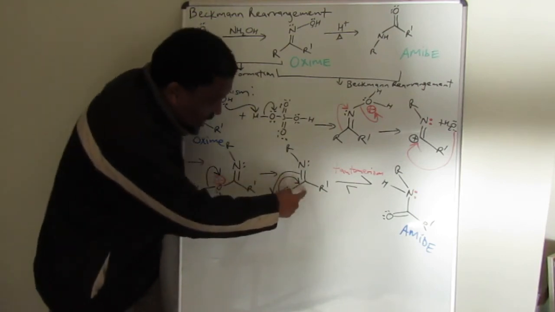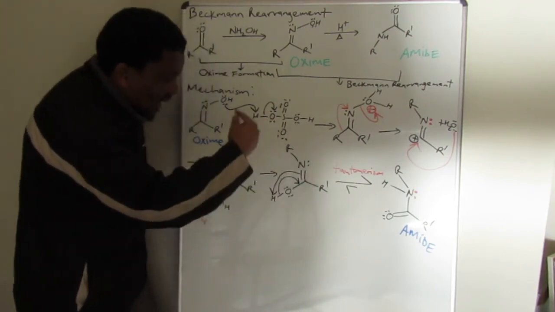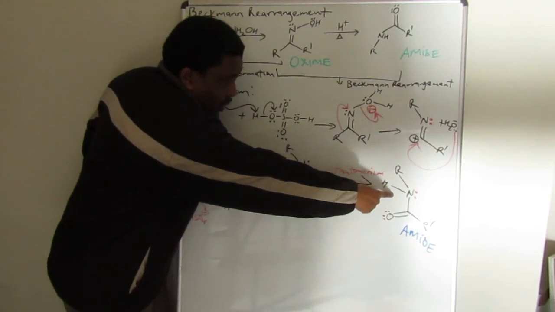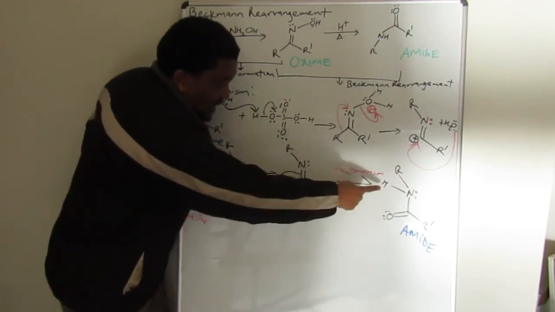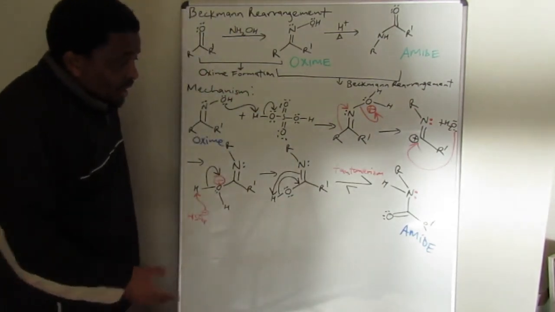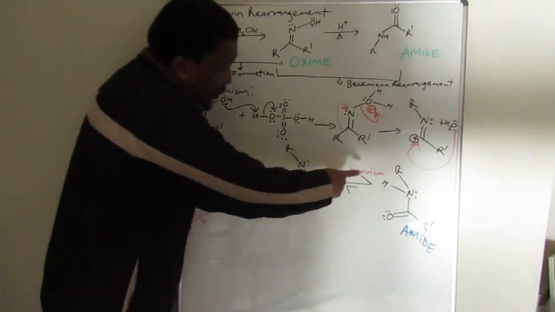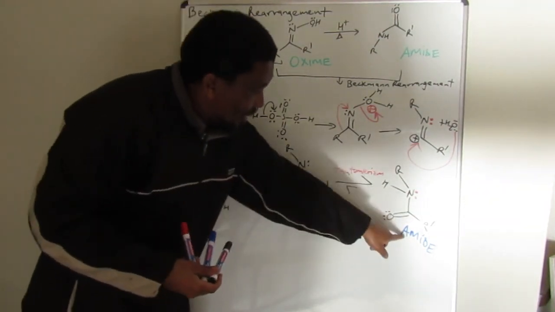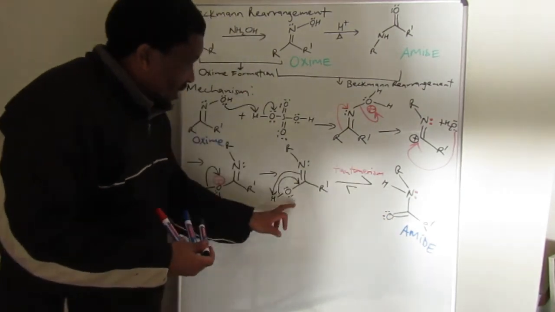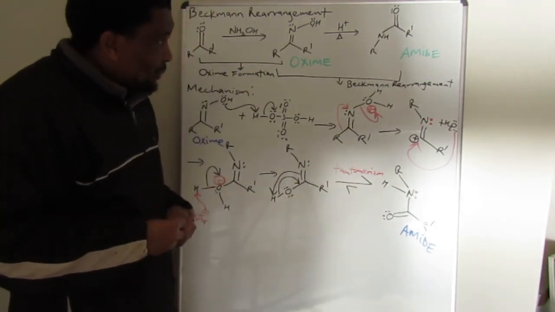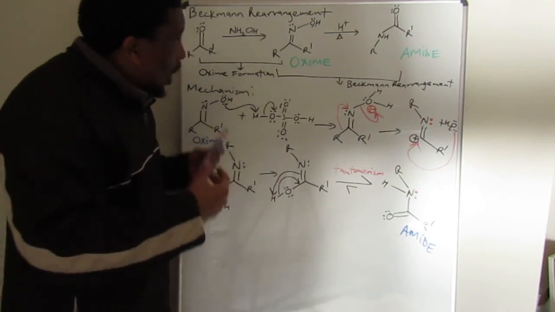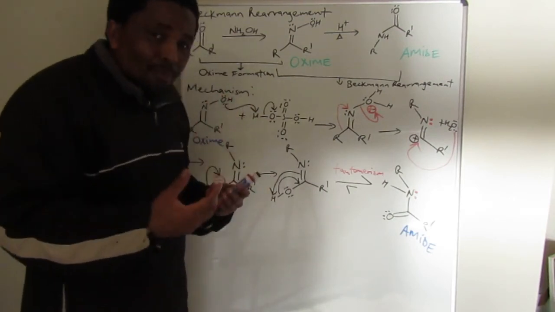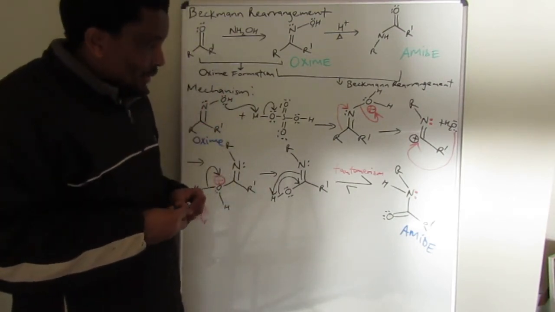Then you generate this structure, which is far less stable than the keto structure. The imine structure is far less stable than the keto structure. Then you get this form of tautomerism or equilibrium, where the amide form is more favored. So that's what we mean by the Beckmann rearrangement.